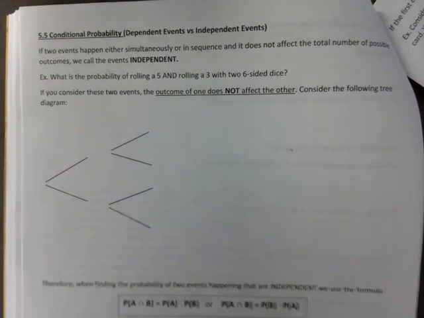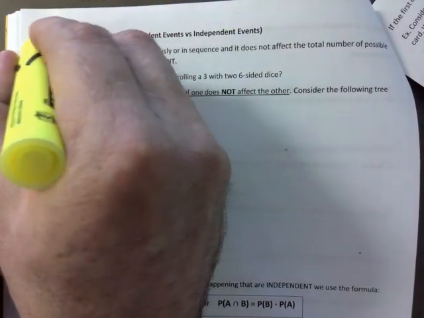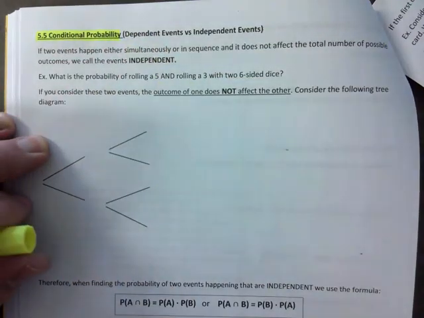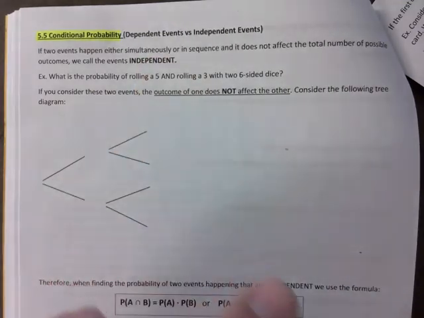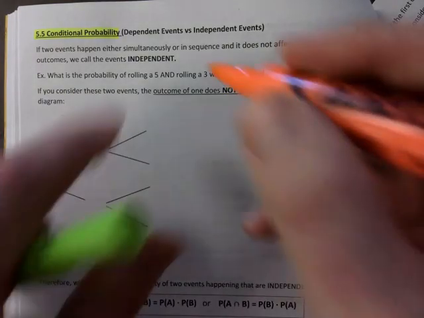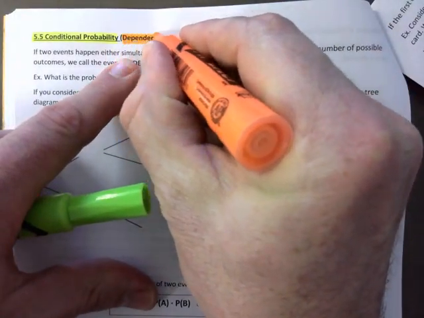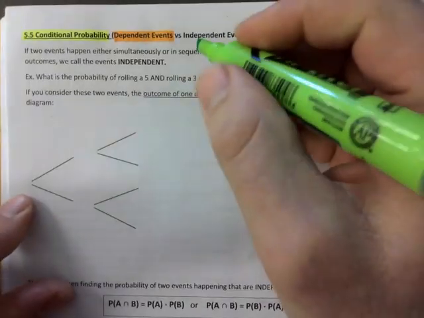All right, 37. So this section is called conditional probability. In the textbook, that's what they would call it. But the main distinction we want to make today under this section is we want to talk about dependent events versus independent events.